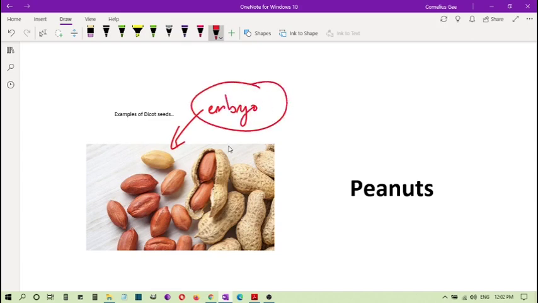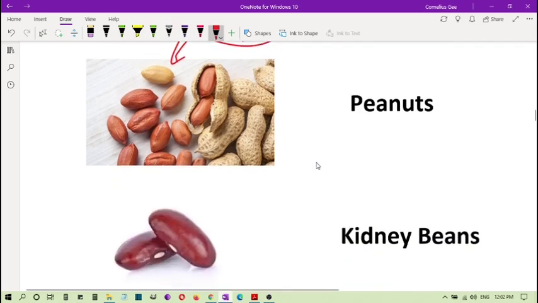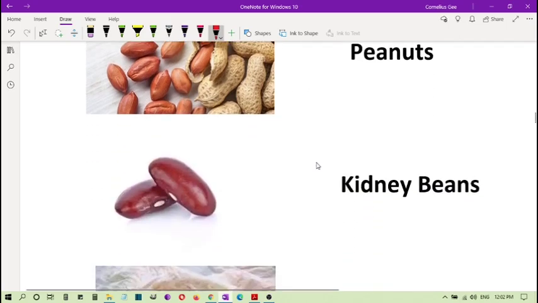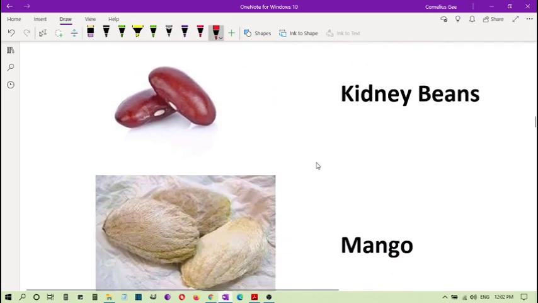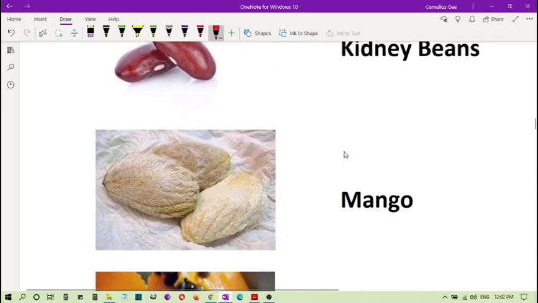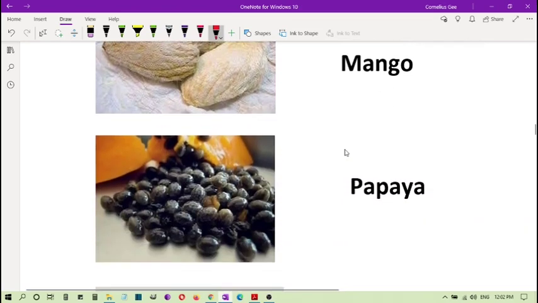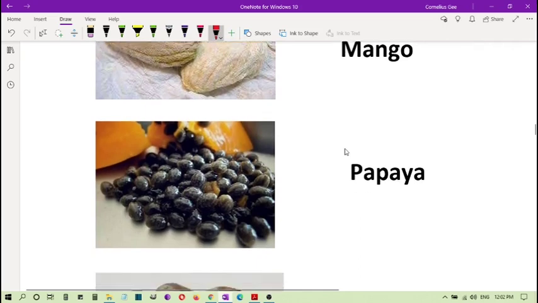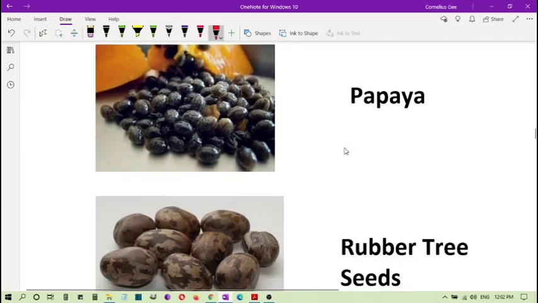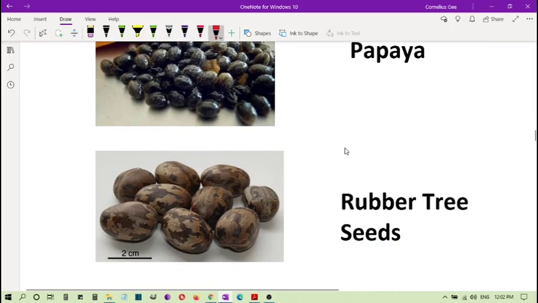Kidney beans, in fact most beans, are dicotyledon. Mango looks like one big seed, but it's actually dicotyledon. Papaya, surprisingly, is also dicotyledon. Rubber tree seeds are also dicotyledons.